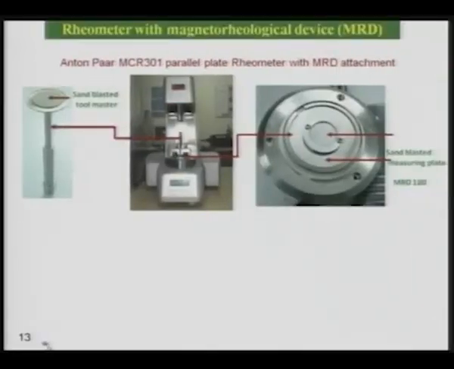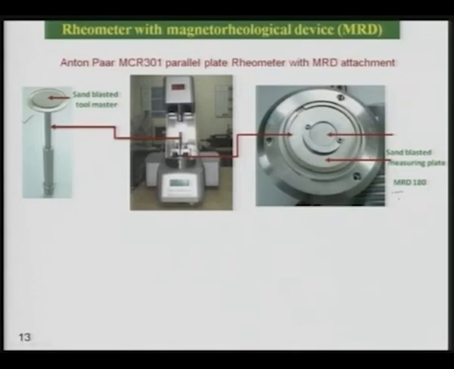Rheometer with magnetorheological device. Now, this is the rheometer which has been used for characterizing the MR polishing fluid, the Anton Paar MCR 301 parallel plate rheometer with MRD attachment. You can see the sand blasted tool master is there, and then the sand blasted measuring plate is over here.